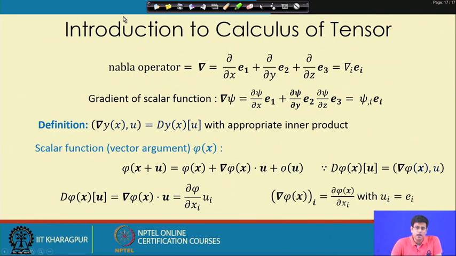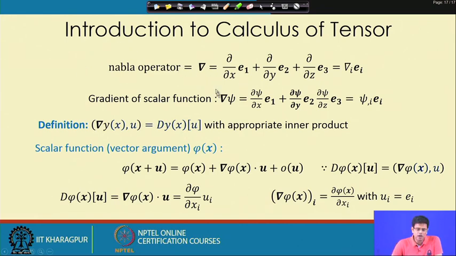Another interesting thing probably all of you have seen is the nabla operator or del operator. The del operator is actually a vector: del by del x E1, del by del y E2, del by del z E3, and so on. What we write is essentially del by del xi times Ei, in indicial notation. So, consider the gradient of a scalar function.